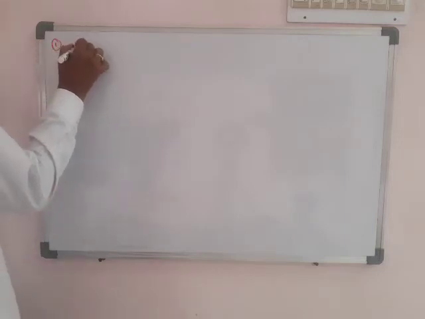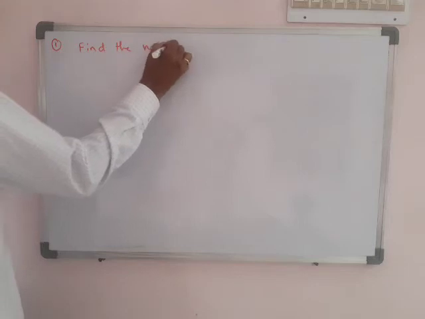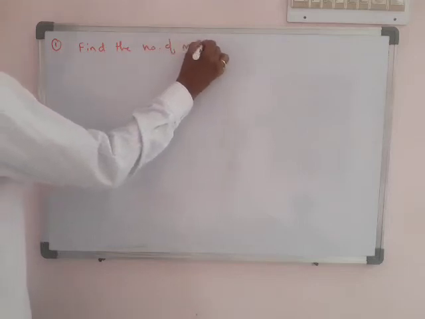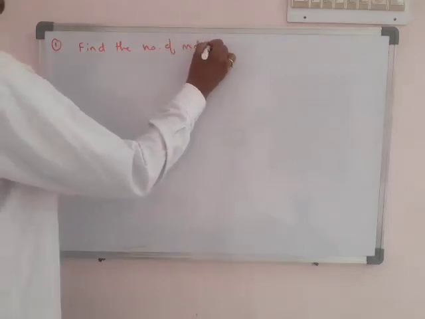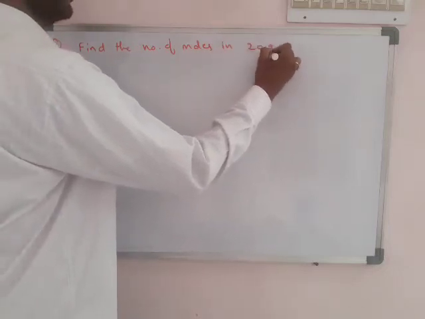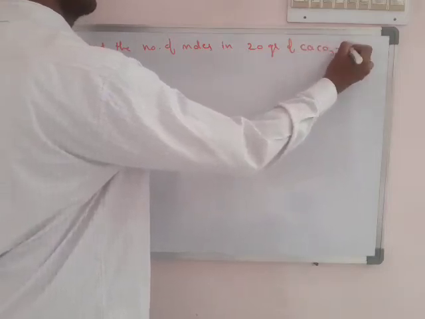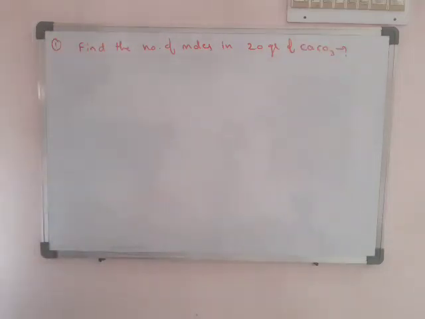So first thing, find the number of moles in 20 grams of calcium carbonate. Okay, simple. What is the formula for number of moles?